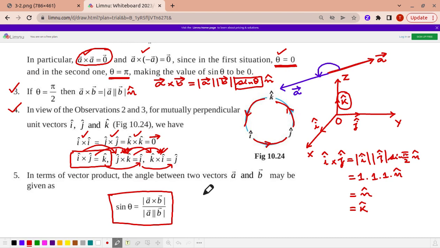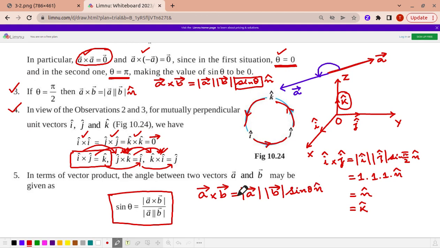If you recall, a vector cross b vector is equal to mod a into mod b into sin theta into n cap.